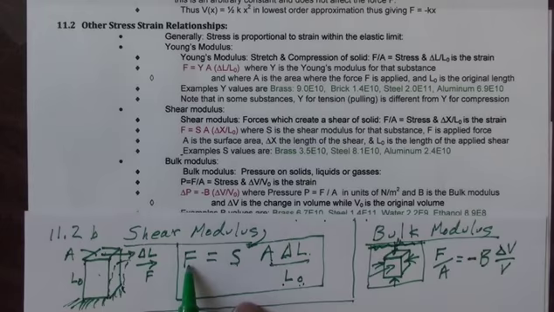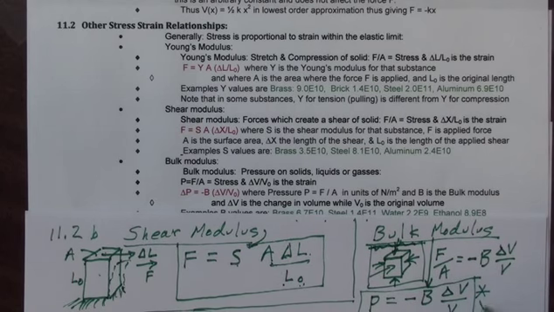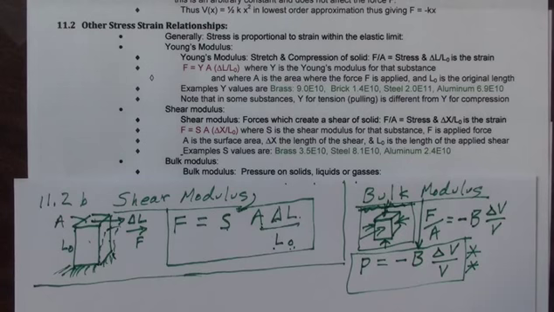Here, we're actually looking at a pressure that we're applying, and so it's easier to take the area, bring it over here, and look at the pressure as the negative of the bulk modulus, B, times the change in volume over the volume. And this is the operable equation here.